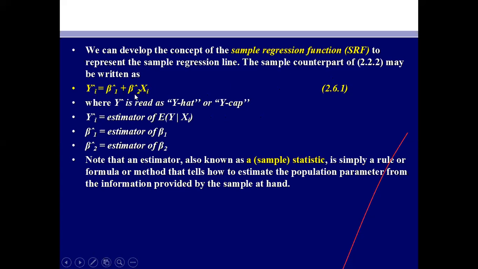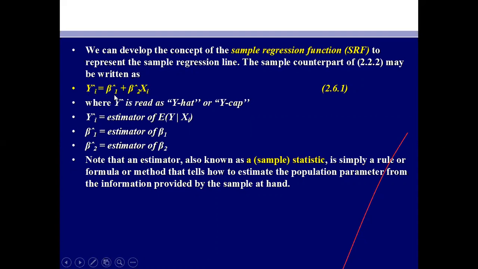So in the given case, because we are talking about a single X variable, the SRF would be given by y hat. The subscript is just representing the ith unit. So yi hat equal to beta 1 hat plus beta 2 hat xi, okay?